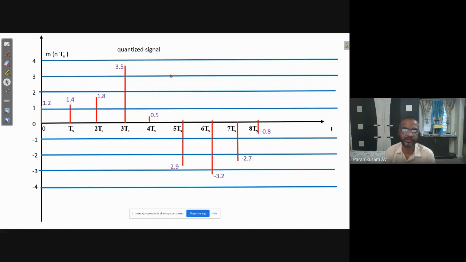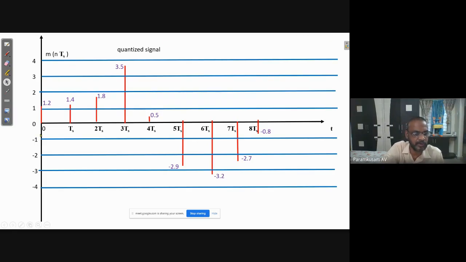You please note that the quantization process approximates or maps the sampled values, or rounds off the sample values, to the nearest quantization level. Now that is the definition of quantization. Now let us see the meaning of that one.